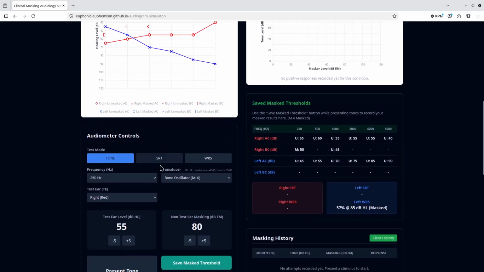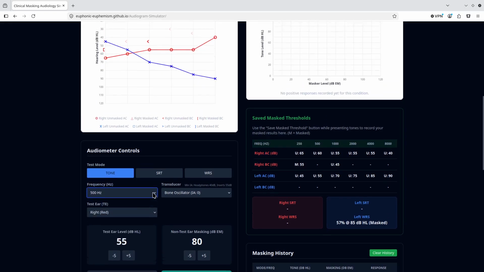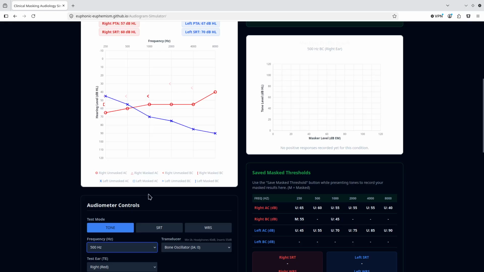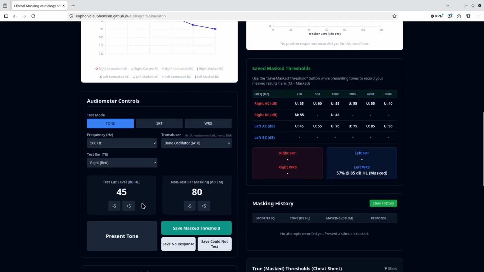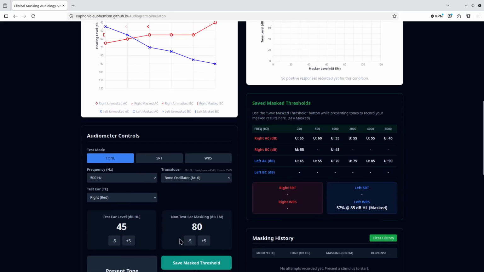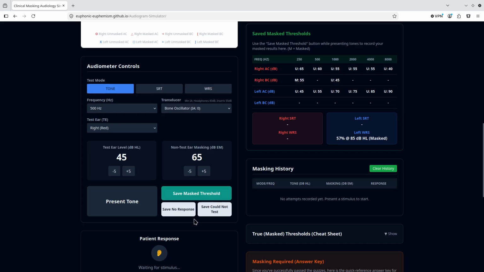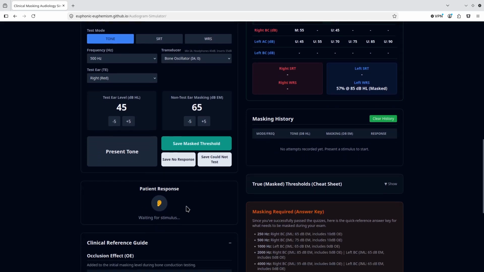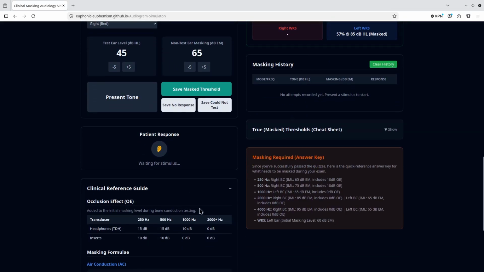So now let's move on to 500 hertz. So 500 hertz here, we have to start at 45 dB. And our non-test ear, being the left ear, is 55 dB air conduction threshold, meaning we start at 65 dB. Because it's 500 hertz, we need to add occlusion effect.